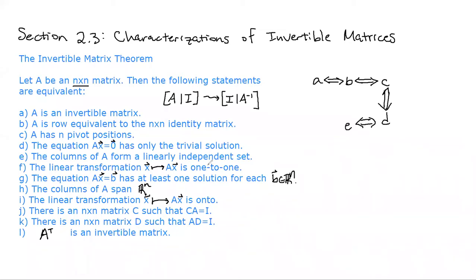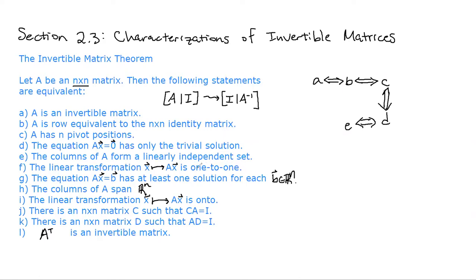Now, property F is saying the linear transformation that takes a vector x to the vector Ax is one-to-one. We talked about in our video on section 1.9 that that's going to mean the same thing as the columns being a linearly independent set.